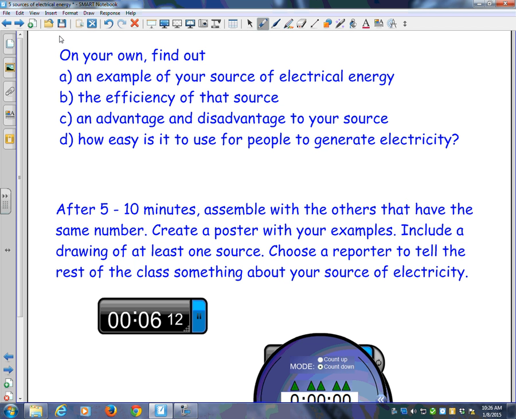Or does it cost a lot to get it? What does it mean by efficiency? Efficiency means, does it cost a lot to get the energy out, or is it a good source of energy?